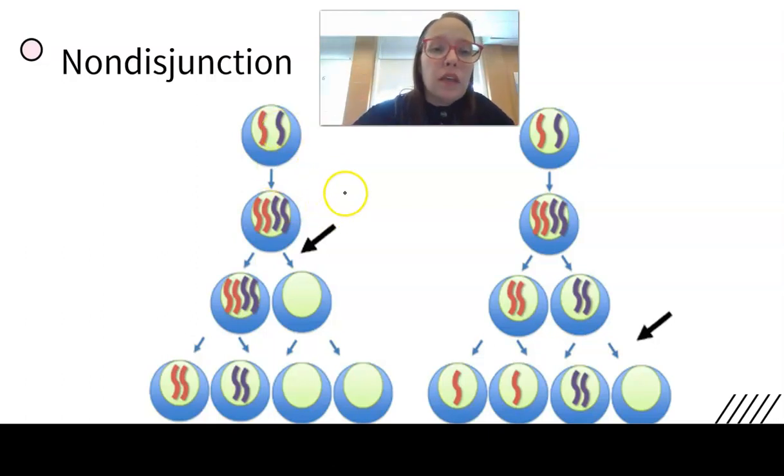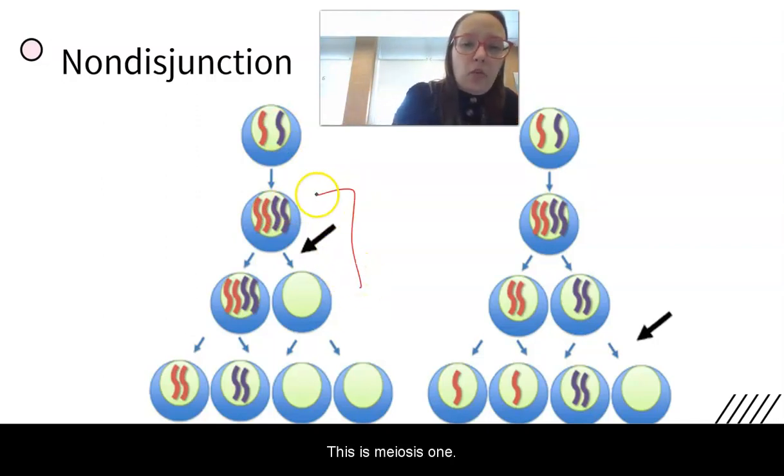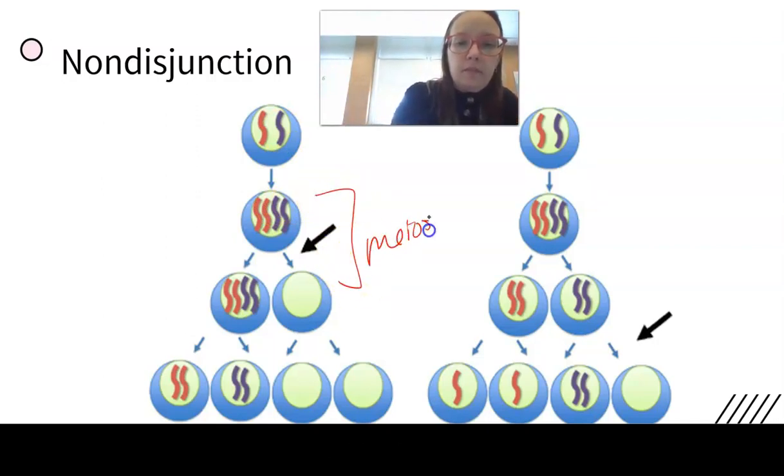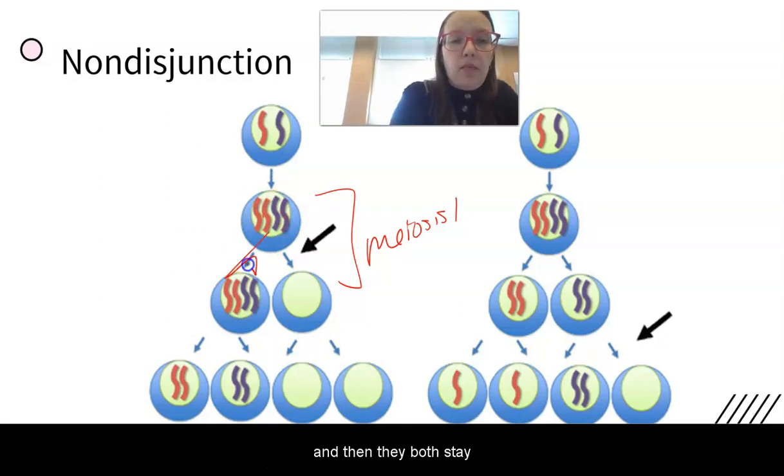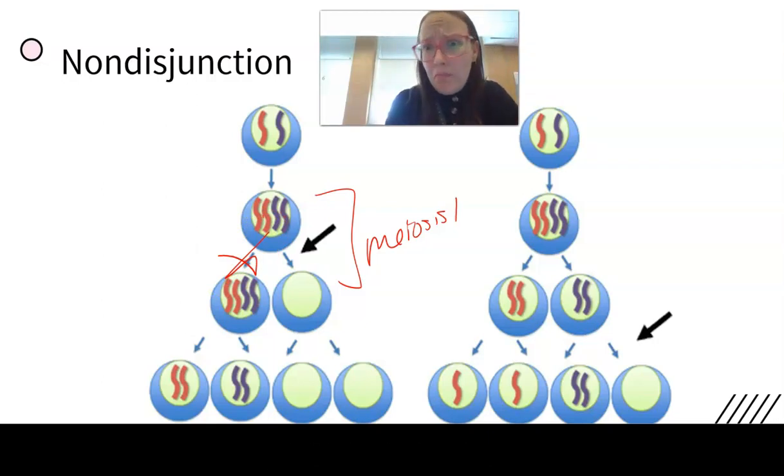So here, this is meiosis 1. What'll happen is these homologous chromosomes don't separate properly. And then they both stay in the one daughter cell, and the other one gets nothing.